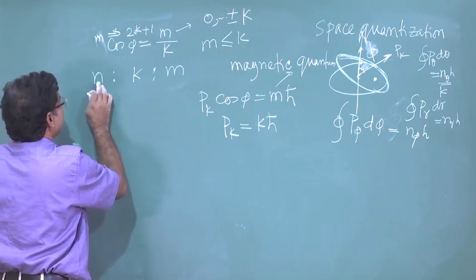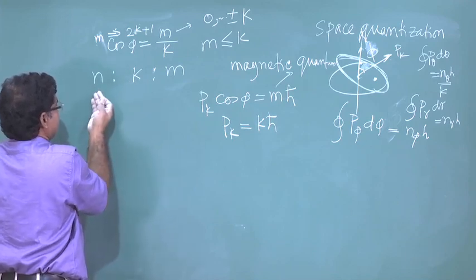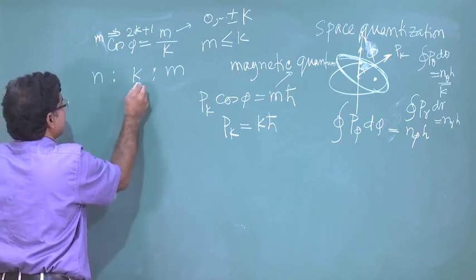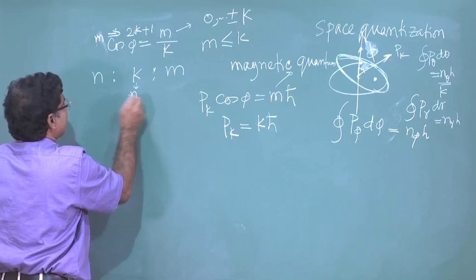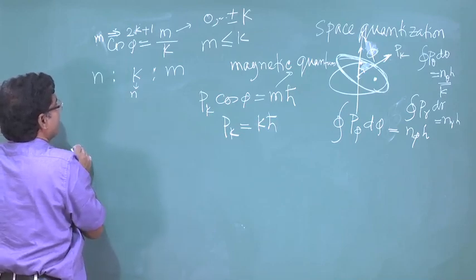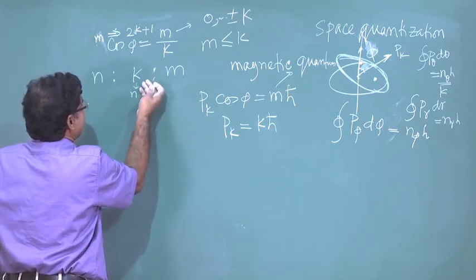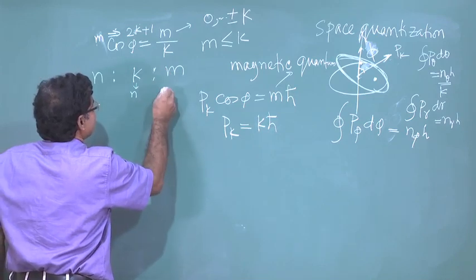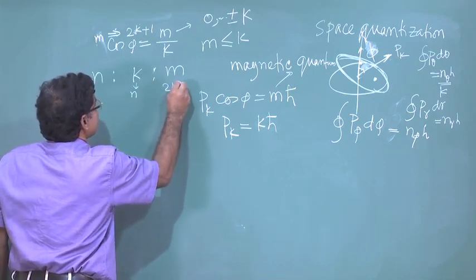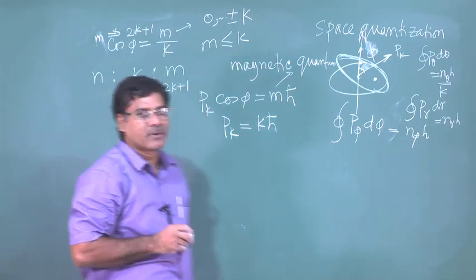For a particular n value, if it is n, I will get n number of k values, and for a particular k value, if it is k, then I will get 2k plus 1 number of m values.